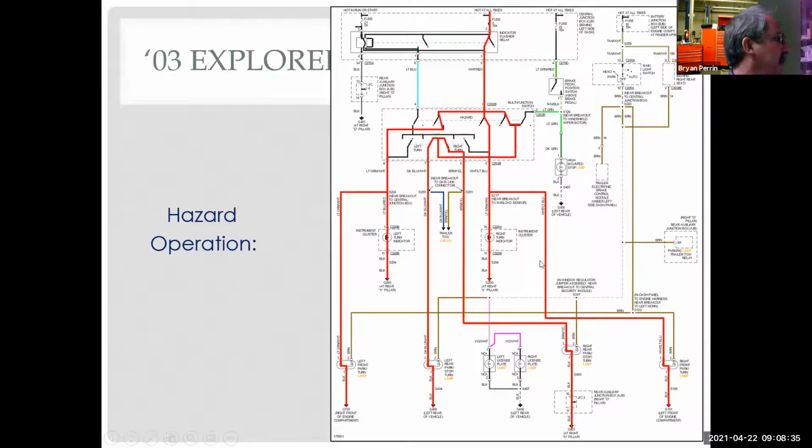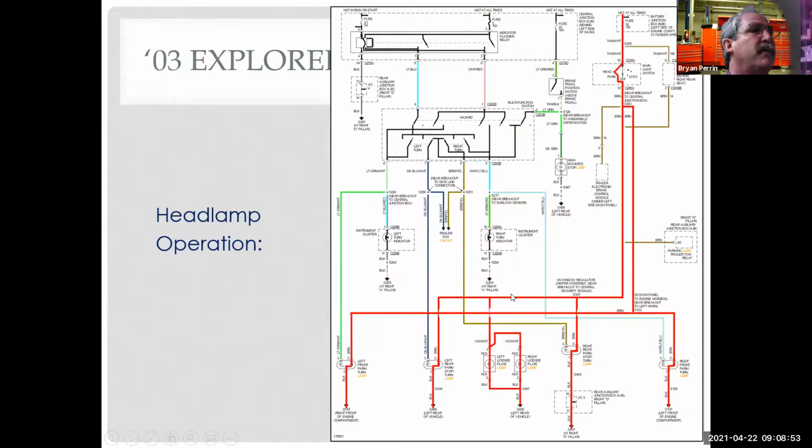If I turn on my hazard lights, I've moved the switch here again, same power source, changed the position of the combo switch, but now I'm feeding power to both indicators on the dash, and both front lights and both rear lights. If I turn on my headlights, now I get power from a third source.